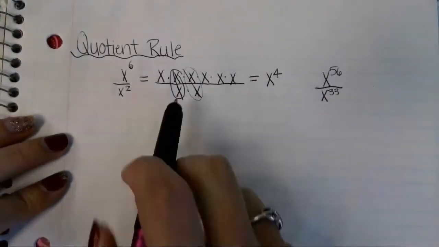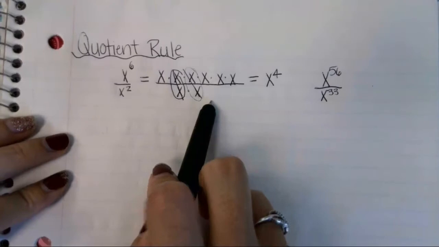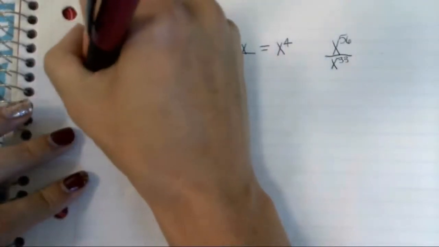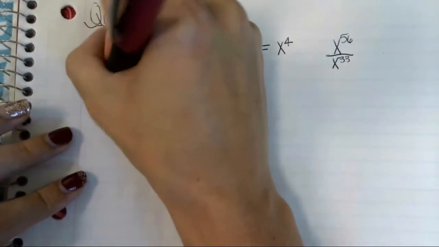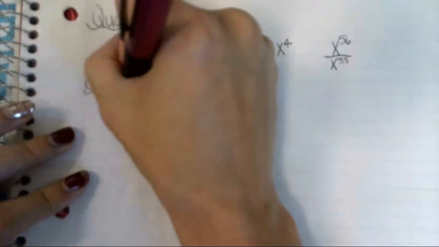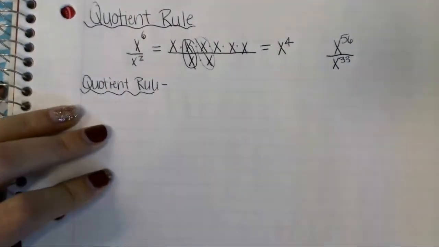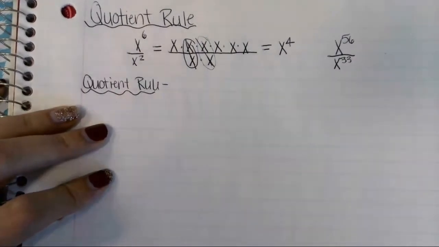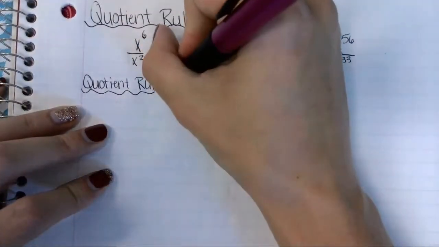It helps us so that we don't have to expand everything out completely every time. So the quotient rule, I'm going to write it out for you. It says that when exponents with the same base are being divided, we subtract the exponents.